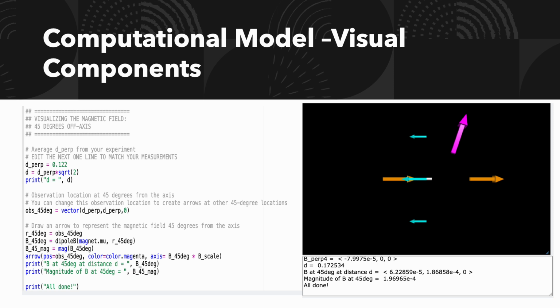The predicted magnetic field is B at 45 degrees at distance d, approximately 6.22, 1.86, 0. That's similar to the observed magnetic field. And as you can see in the code, the perpendicular distance average is 0.122, which we talked about for the data analysis for off-axis.